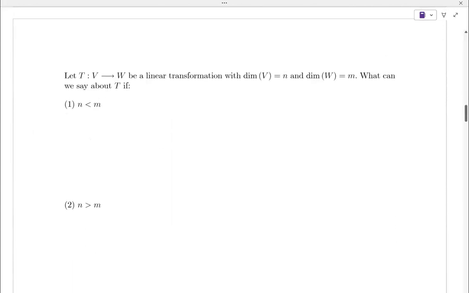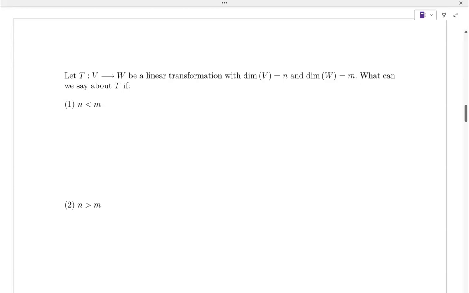All right, we've already talked about this, but let's summarize it so we have it in the same area. We have a transformation. Dimension of your domain is n. Dimension of your codomain is m. What I'm asking is, can you tell whether it is 1 to 1, or not 1 to 1, or not onto by default?